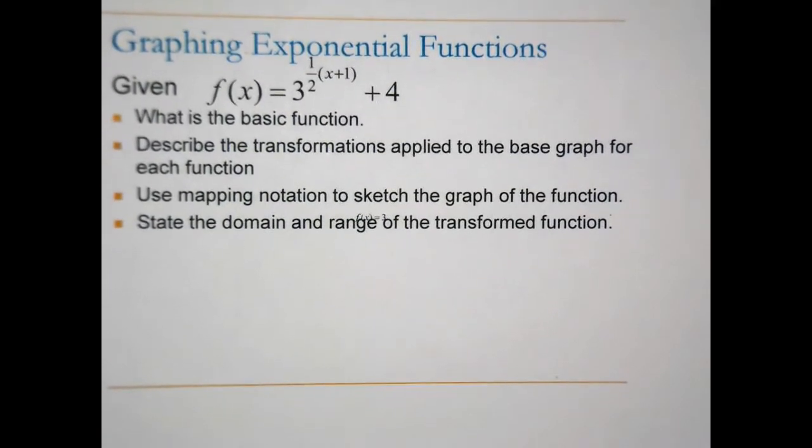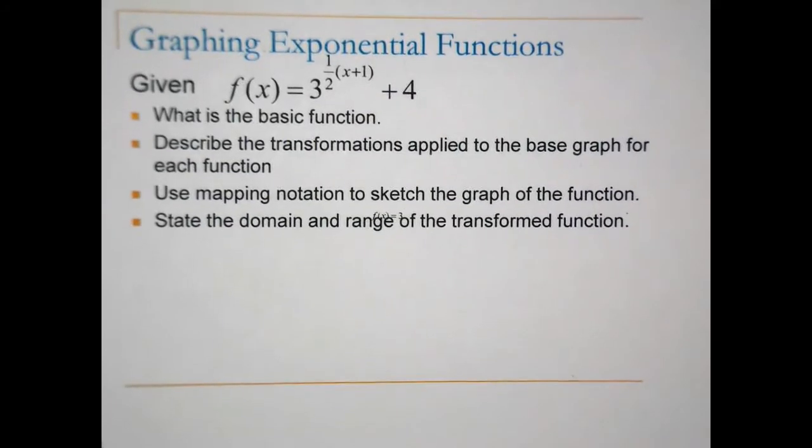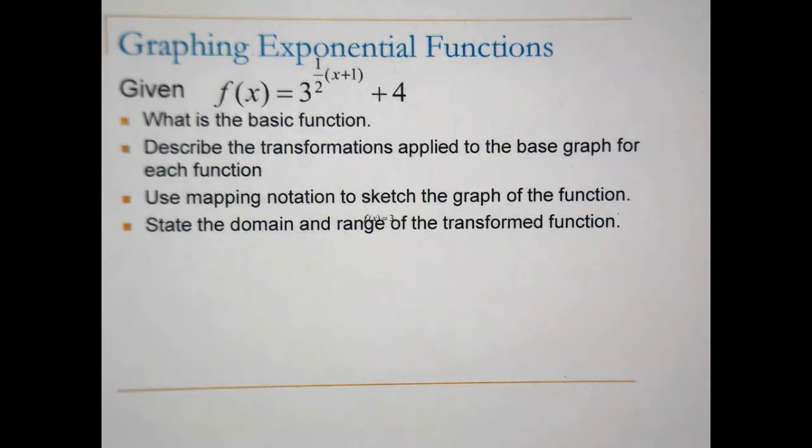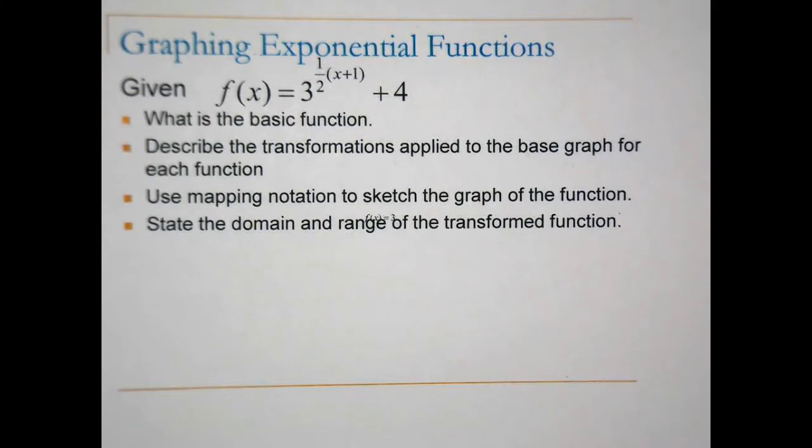The first example which we are going to do is f of x equals 3 to the exponent 1/2 in brackets x plus 1, plus 4. So first thing to do, as we did before, is to recognize what the basic function is, and then based on the values of the transformation, we want to describe the transformations, and then we will use mapping notation to sketch the graph of the function.